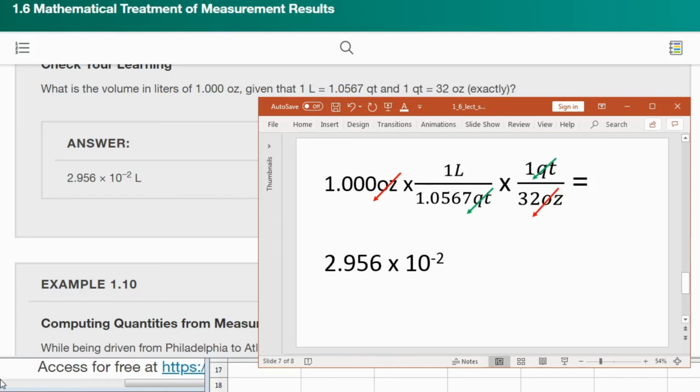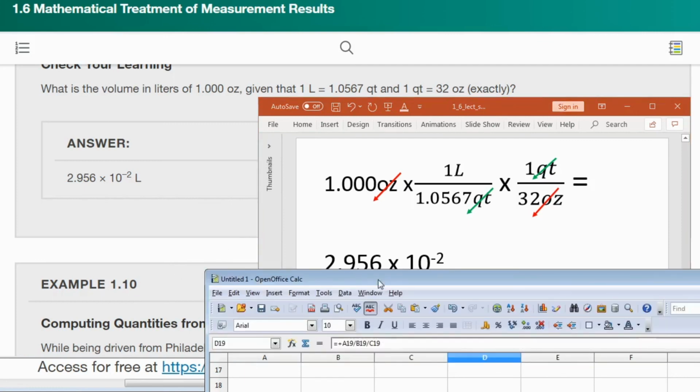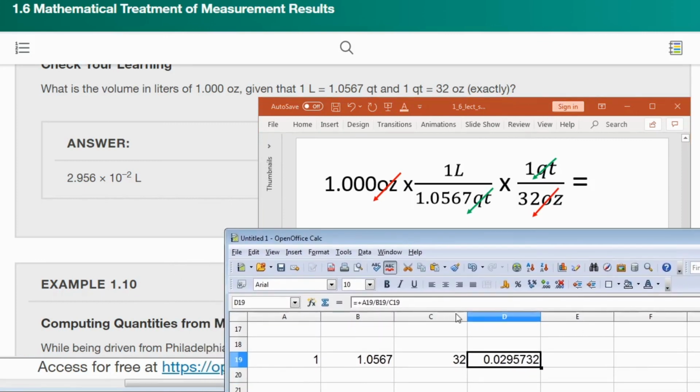And then when you put it through your calculator or your spreadsheet, just for the sake of trying to be helpful, I'll do the calculation here on my spreadsheet. So I'm going to go to cell D19 here. I'll type a plus and I'll say 1 divided by 1.0567.